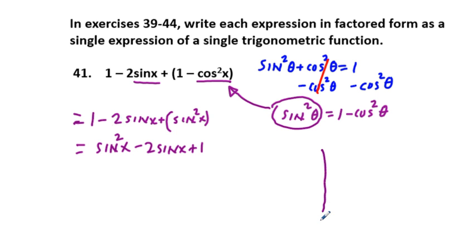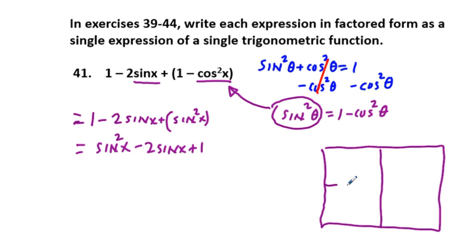Getting out our box like we did last time, we put the first term, sine squared x, in the upper left corner, and in the lower right, we put plus 1.